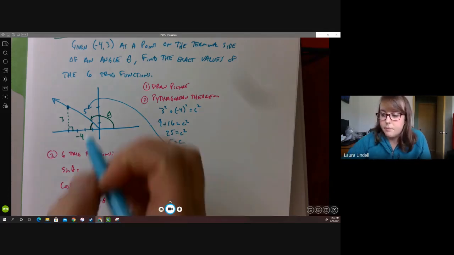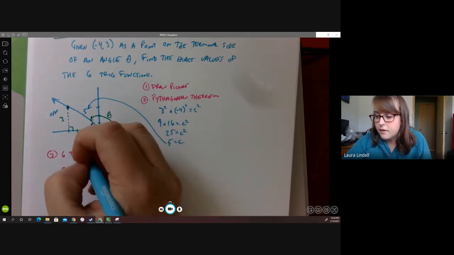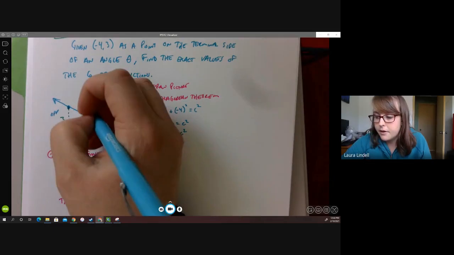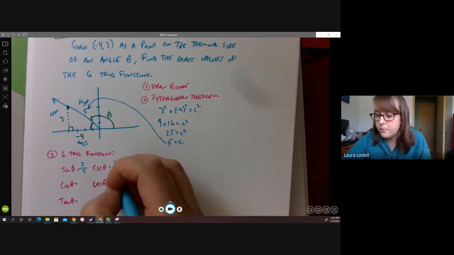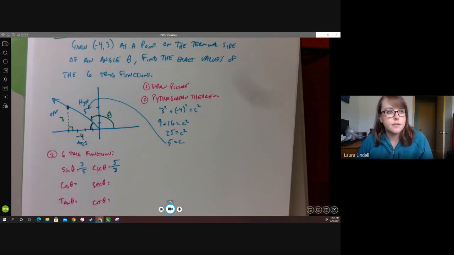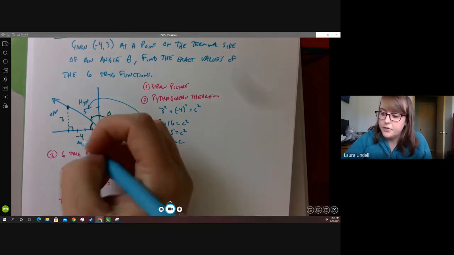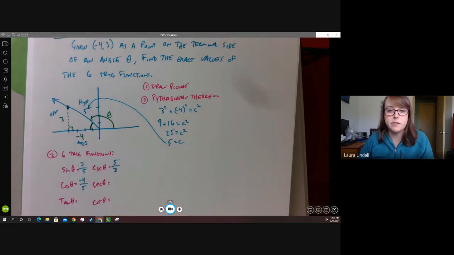So sine would then be 3 over 5, since this is the opposite, adjacent, and hypotenuse. So cosecant would be the flipped over version, 5/3. And then cosine, adjacent over hypotenuse, so negative 4/5. This is where the negative becomes important, leaving that in there with our coordinate.